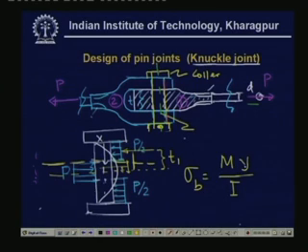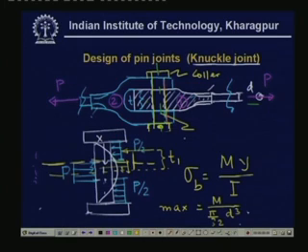Now, if you take the circular cross section, then the maximum value of this bending stress will be equal to M by Z, where Z is equal to pi by 32 d cube.